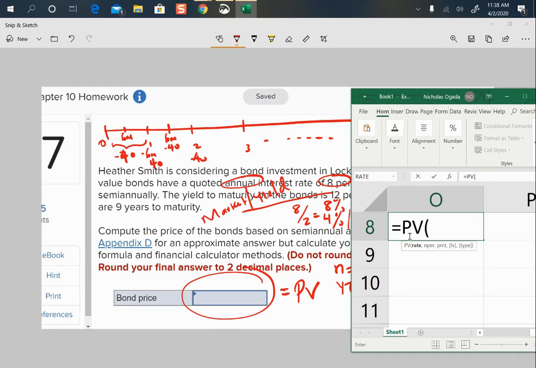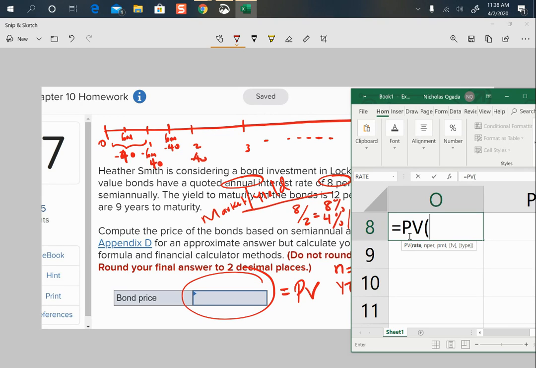So we base the 8% on 1,000, which is 80 per year, and per period is $40. This is how much interest you'll be receiving. But in terms of discounting or determining the present value, we have to use the going rate in the market, which is the yield to maturity or the market rate. If you're not given the yield rate and you know the market rate, then of course we're going to use the market rate.